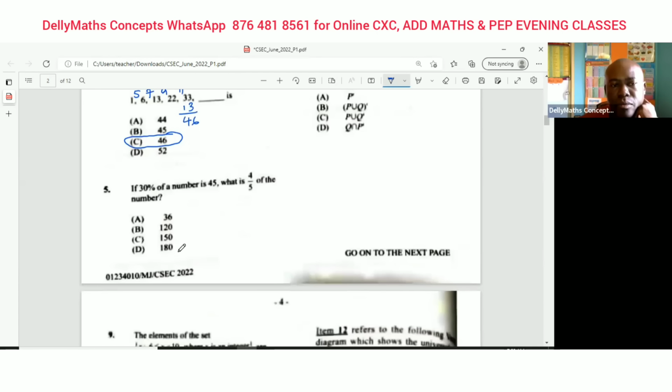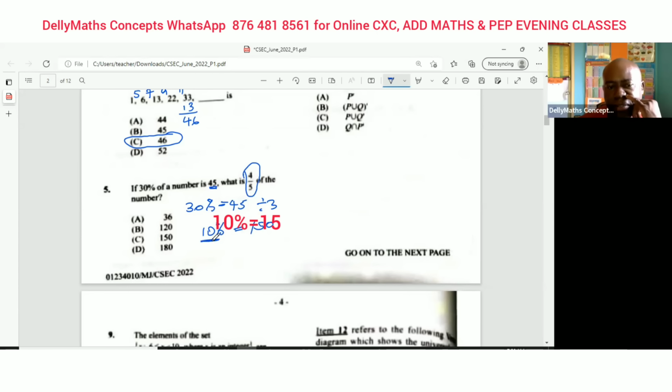Number 5, if 30% of a number is 45, what is 4/5 of the number? All right, so we could find the number and take 4/5. So if 30% is 45, if I divide everything by 3, I'll get 10%, which is 15.